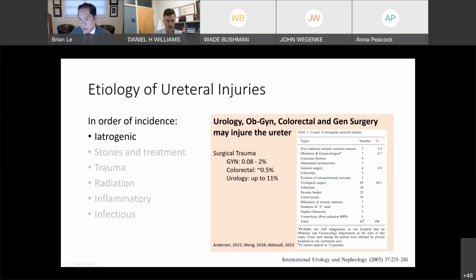Other papers have listed gynecologic surgery as number one, but I would say it is probably either urology or gynecology in terms of iatrogenic causes of ureteral injury. Colorectal is also working in the same operative space.